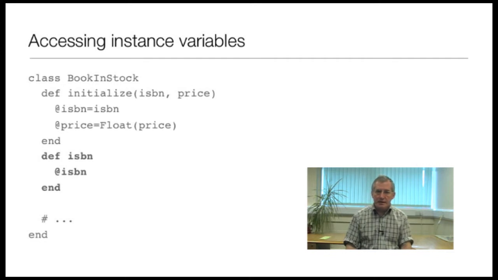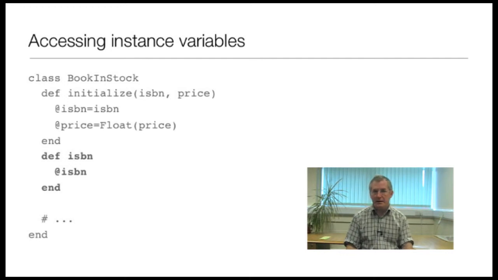And the next step is to define, in this first case, an accessor method which actually has the same name as the instance variable. That's good practice, sensible. It's not a get_isbn, a little bit simpler. The convention within Ruby is to use an accessor method of exactly the same name as the instance variable.